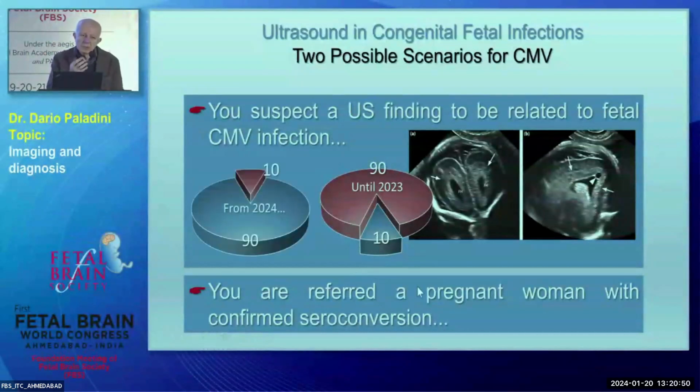But from now onwards, as I will show at the end of the CMV section of this talk, this will completely revert, because, at least in Europe, I don't know how it is in India, considering the strong evidence of the positive effect of valacyclovir treatment in pregnancy, we are introducing serological screening for CMV in all our European countries because of valacyclovir.